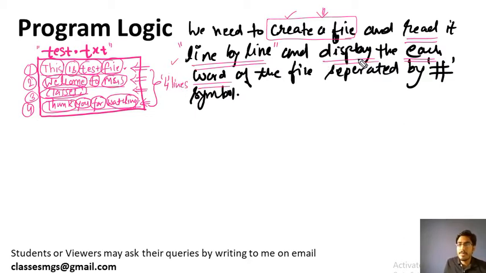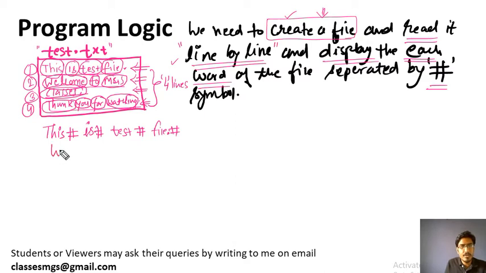Now what is the problem asking? They want this kind of output: a hash symbol should appear after each word. So this, then hash; is, then hash; test, then hash; file, then hash; then the next line.